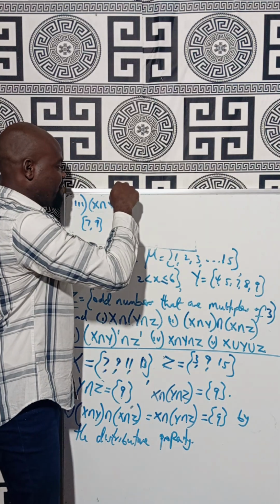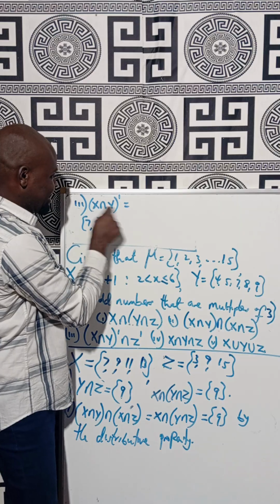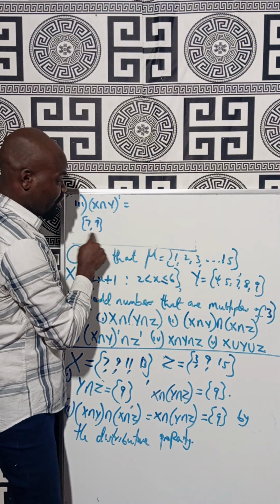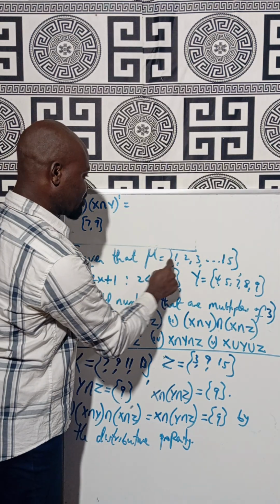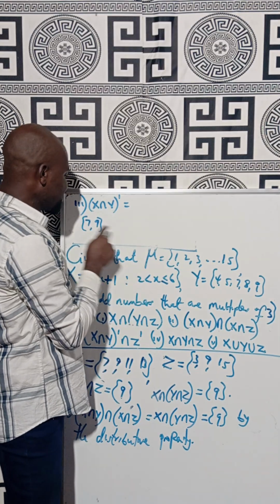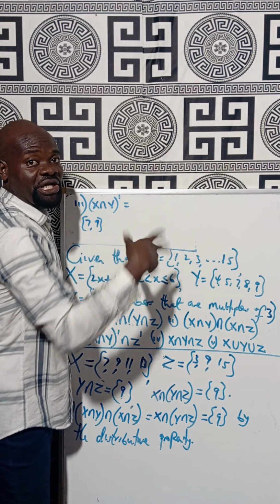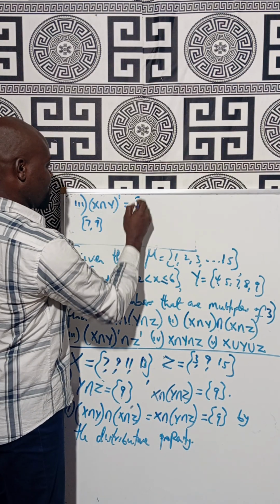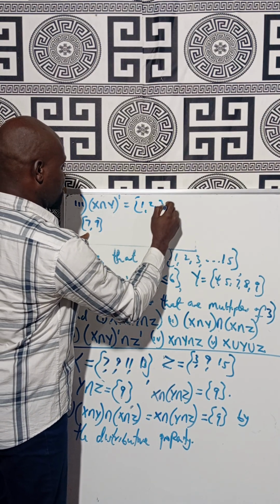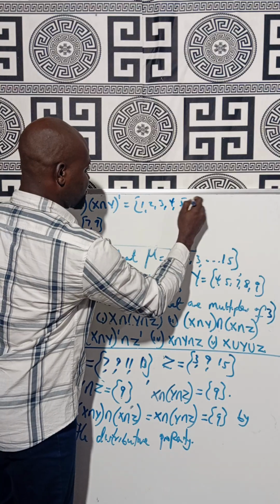And I told you that this prime means what is not here, but it's in the mother. The mother is from 1 to 15. That's the universal set. So just exclude this 7 and 9. The remaining one is the result. So that's 1, 2, 3, 4, 5, 6.